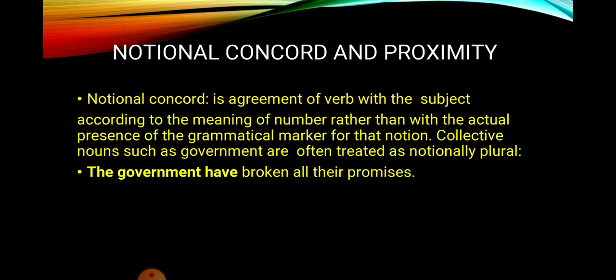The government have broken all their promises. So here, the concord of number is affected by what we call the notional concord. That is considering the meaning of the word rather than its grammar.